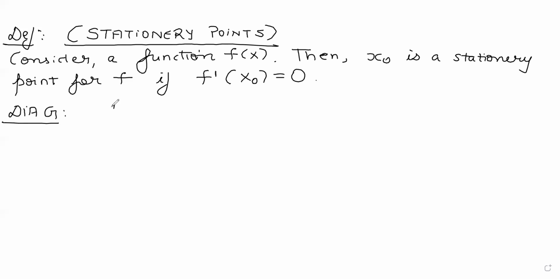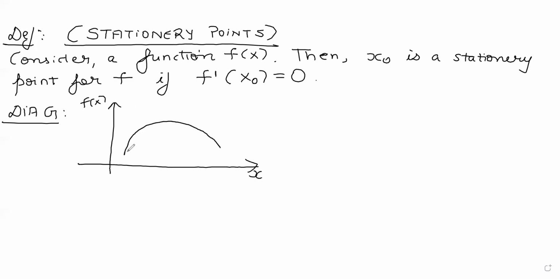So you can see this, guys. I'm drawing two diagrams on the screen. This is x, this is f of x. You can see I've drawn a function. You can see that there is one stationary point which is x0. This is my point x0 comma f of x0.